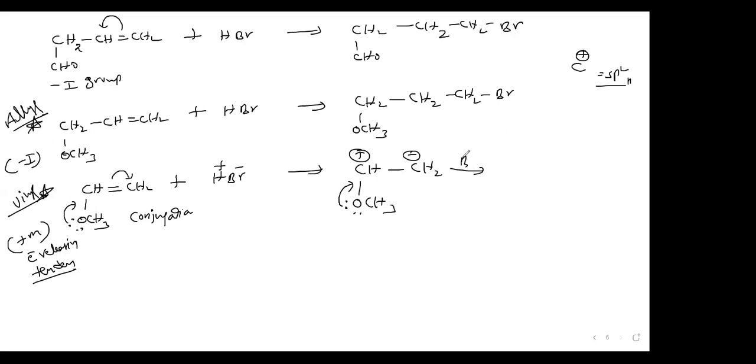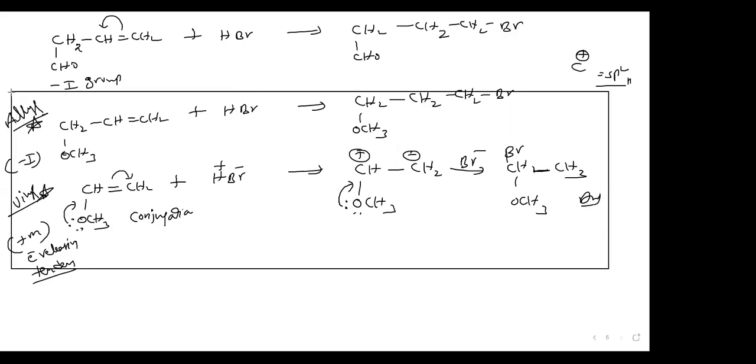So in this aspect, we expect an answer in this way. So here we will be making Br and that one will be CH3. So this is an answer. Once check these two, and it will be important.